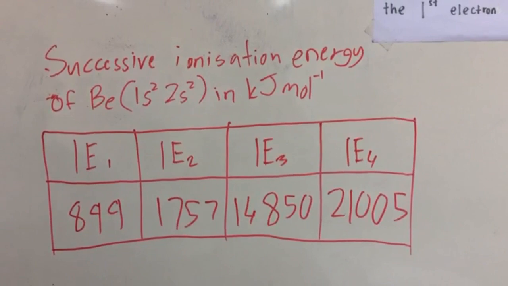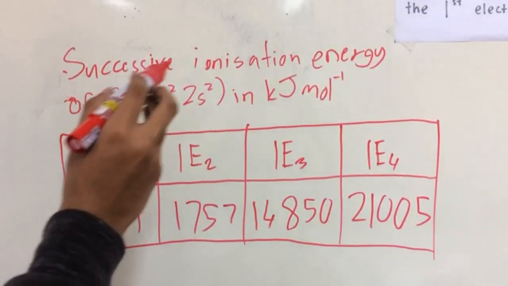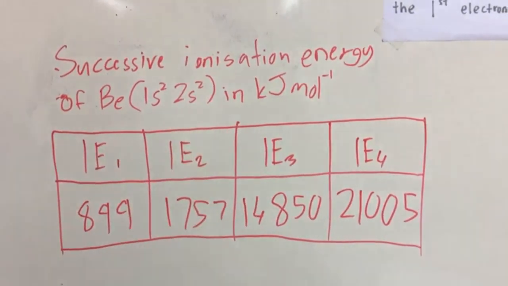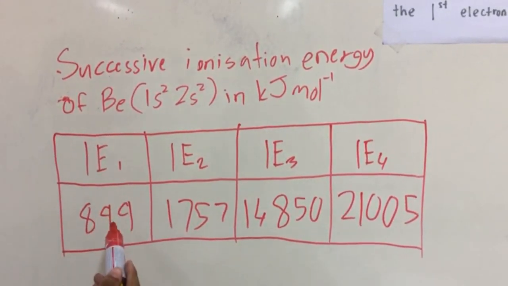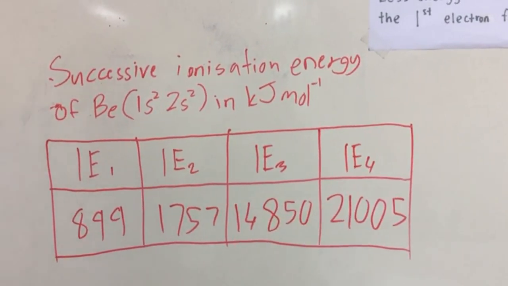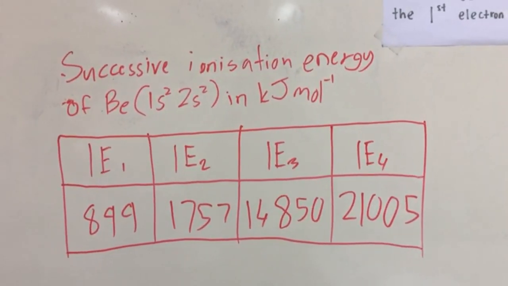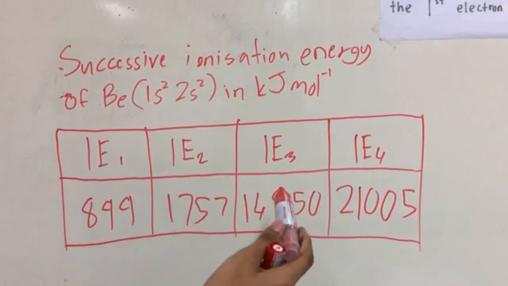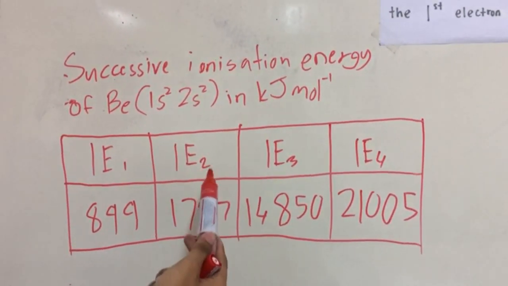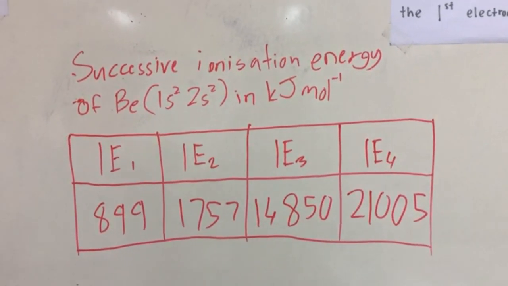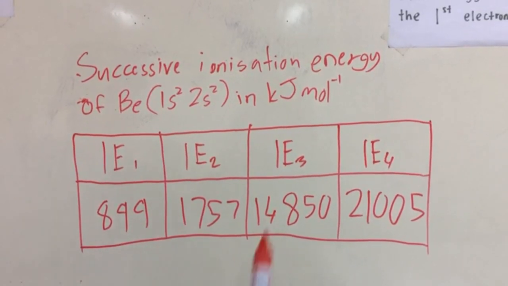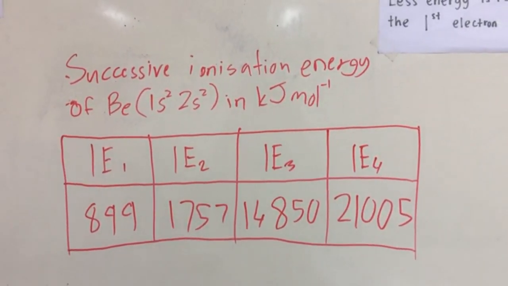For example, the successive ionization energy of beryllium in kilojoules per mole is shown here. So this is the first ionization energy, this is the second, the third, and the fourth. As we can see here, the third ionization energy is very much higher than the second ionization energy, which means that the second electron is removed from the valence orbital while the third electron is removed from the inner orbital.